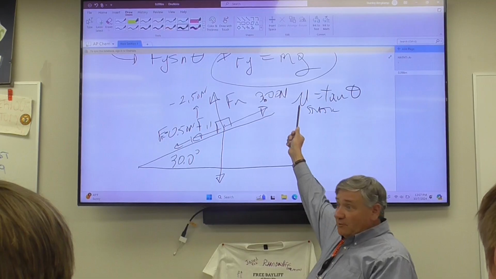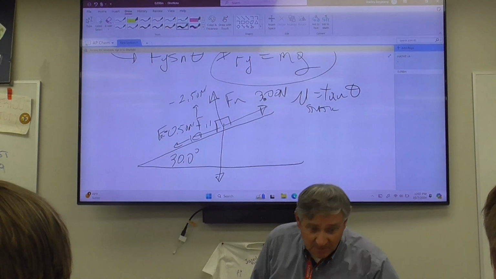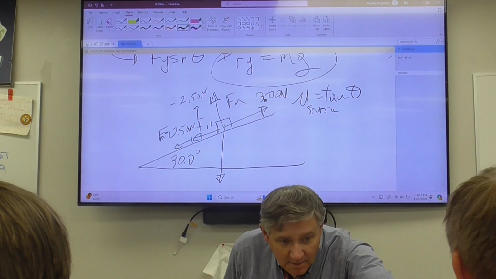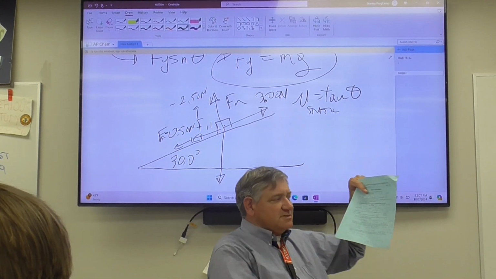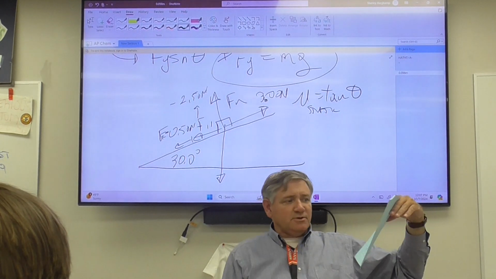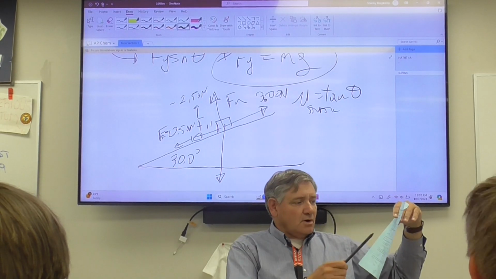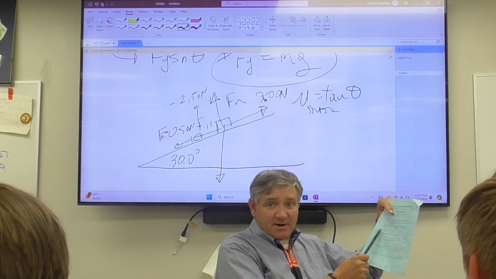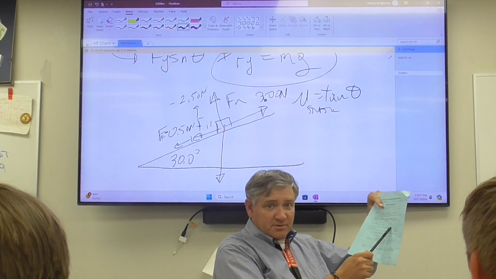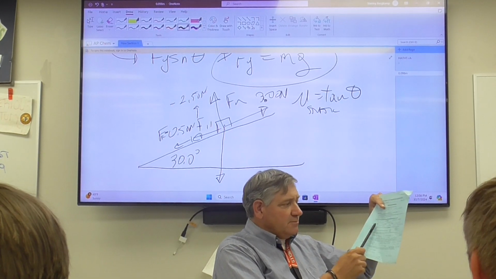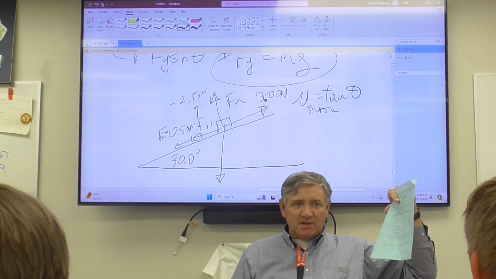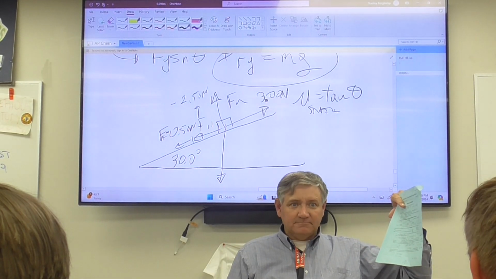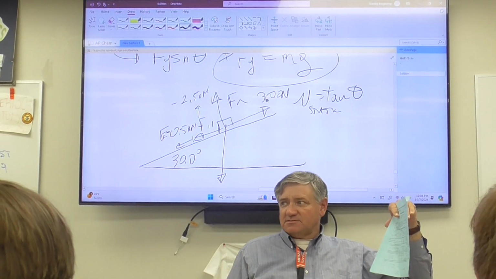Take that applied force going up, okay? So, let me see the sheet again. On this top right corner where it's force applied, Jackson has 2.61 newtons. So, when I take his force parallel and his force friction, those two numbers added together better add up to that force applied. Okay? That's how you can check that this is right.